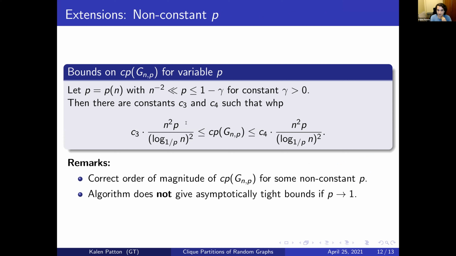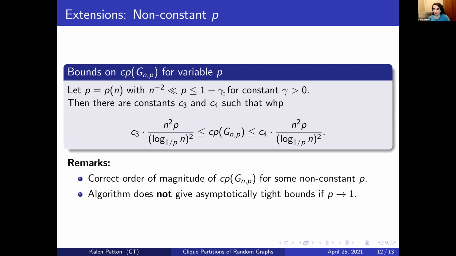So for instance, we looked mainly at constant p, but our argument also holds true if we allow p to vary with n in some range. This theorem here is saying that if we allow p to vary between n to the -2 and 1 minus gamma for some constant gamma, then our algorithm still gives asymptotically matching upper and lower bounds. One thing I might note here, though, is that this 1 minus gamma is something that we really need.